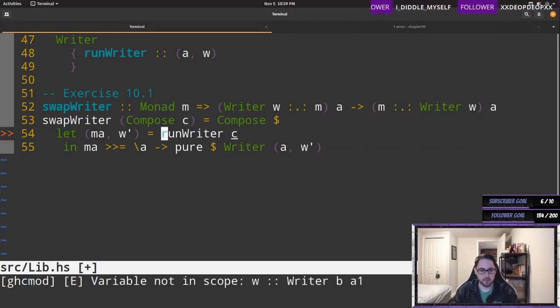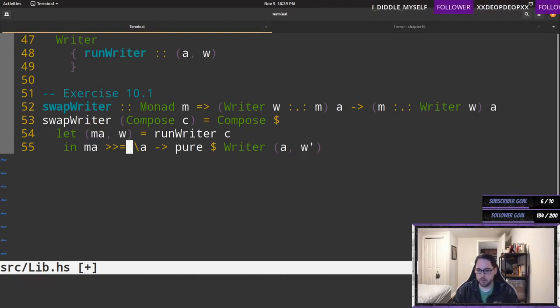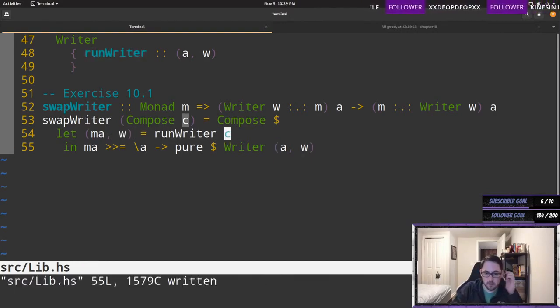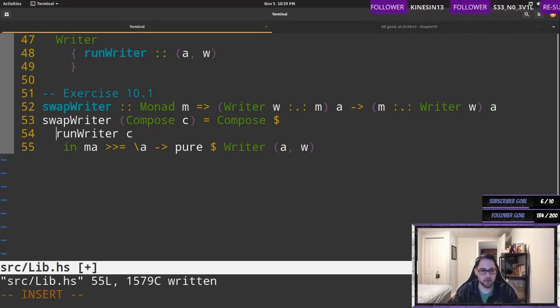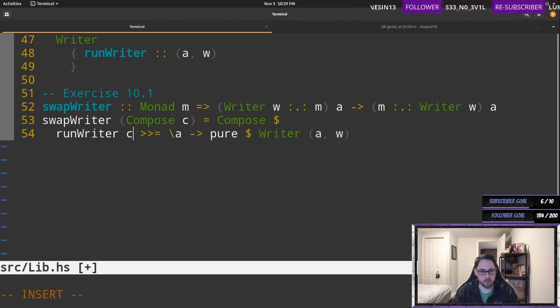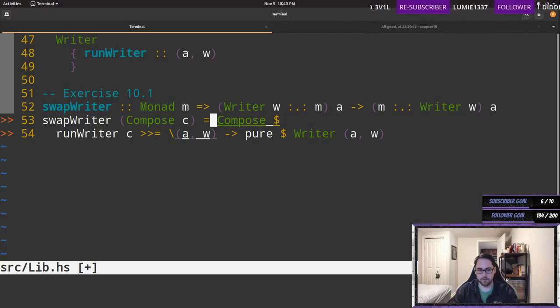C, writer. And then, can I write this in a slightly different way? Yes, I can, because I can write run writer C like so, right?